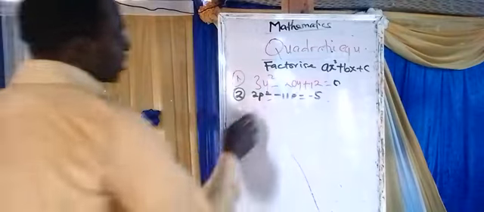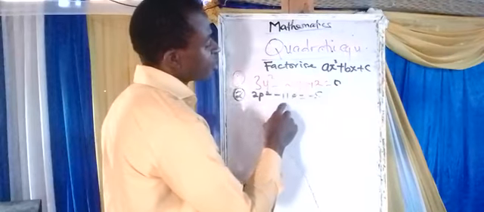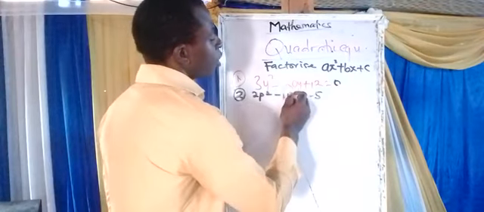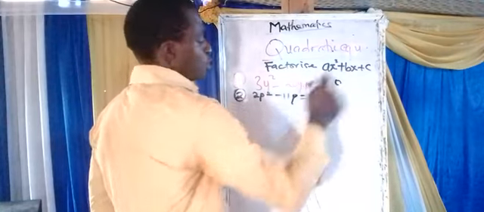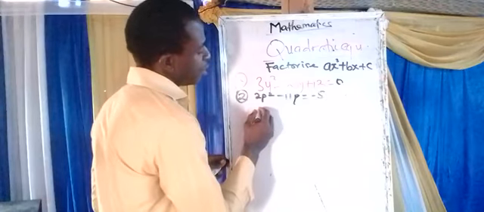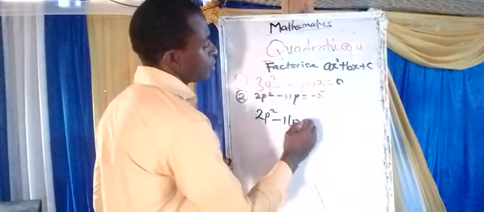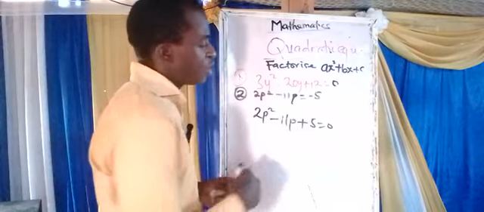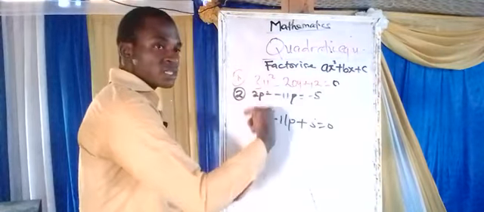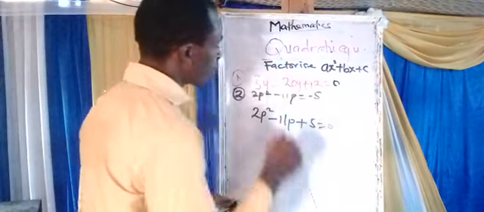Don't forget, you will see that what we are having here is 2p squared minus 11p equal to minus 5. It's not in this form, so let's put it in that form first. Where we now say 2p squared minus 11p plus, don't forget our simple equation principle, it has crossed the equality sign coming this way, so it changes to plus.